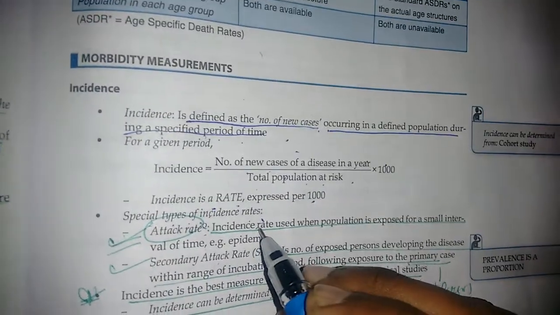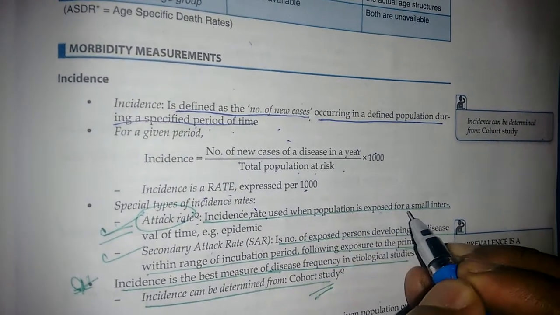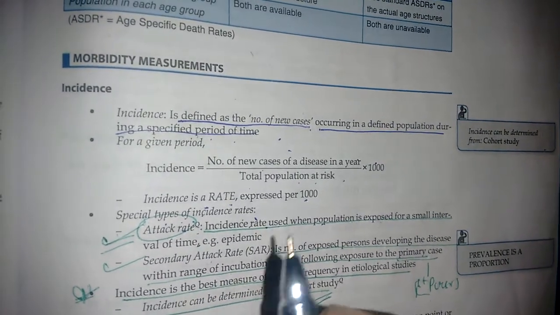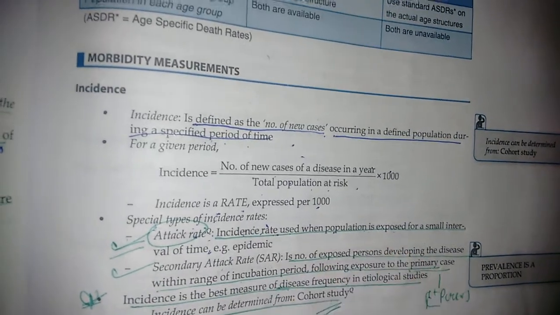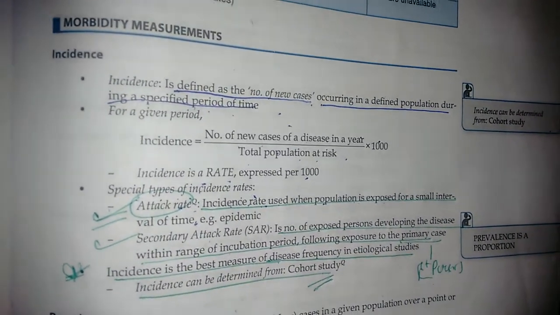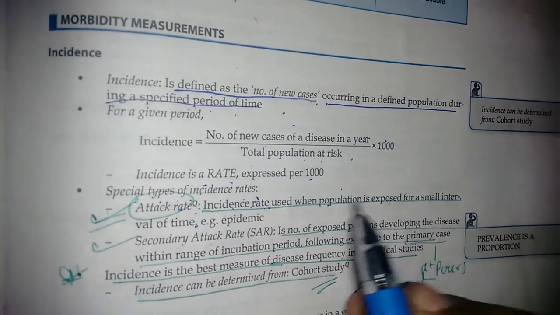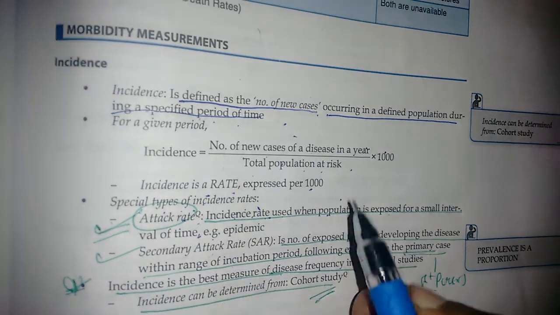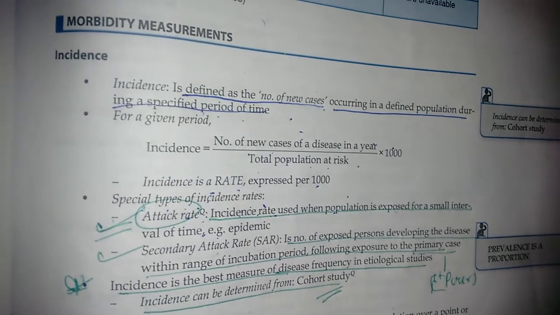Attack rate is an incidence rate used when the population is exposed for a small interval of time, for example in a small epidemic, where the population is exposed only for a short interval of time.